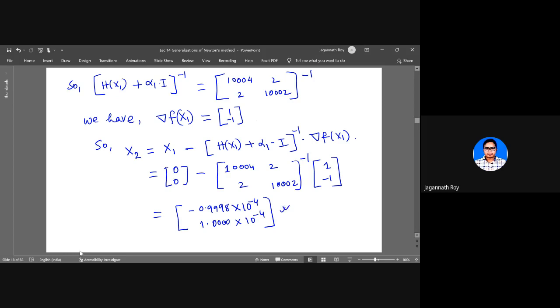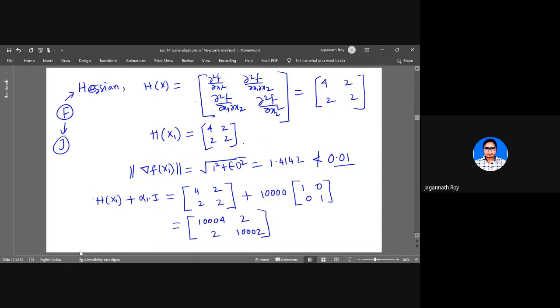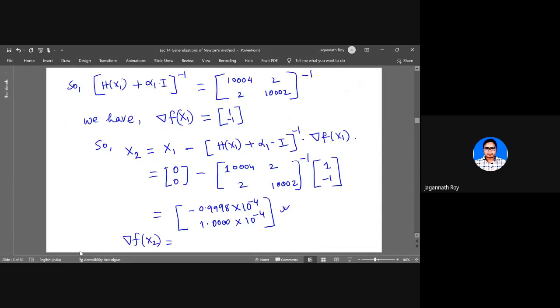Now the task is to verify whether x2 is the optimal point or not. Before that, we have to check whether we are going in the right direction.